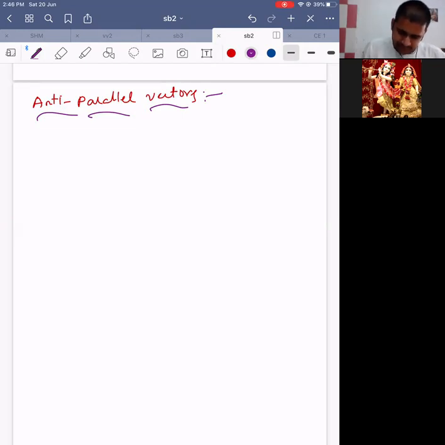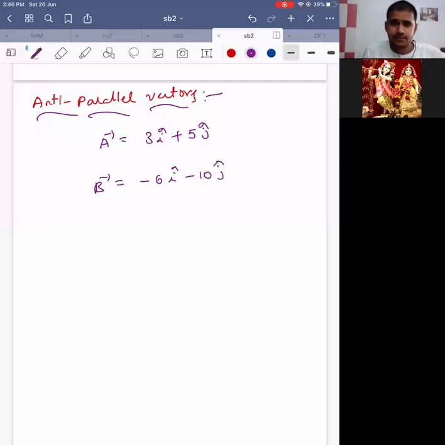As an example, A bar is equal to 3 i cap plus 5 j cap. Next, B bar is equal to minus 6 i cap minus 10 j cap. Then what happens here?